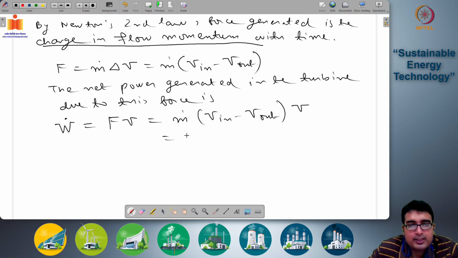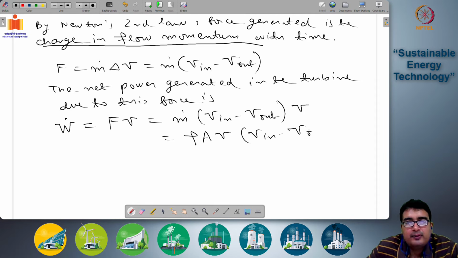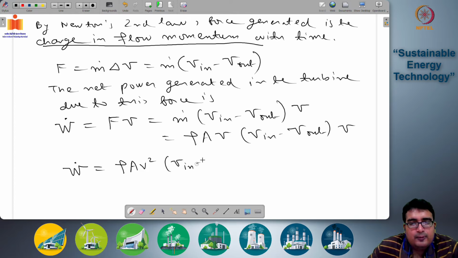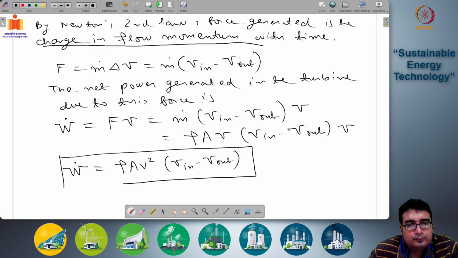M dot is rho A V, V in minus V out into V. So the final expression for net power generated is rho A V square V in minus V out. Okay. Right?